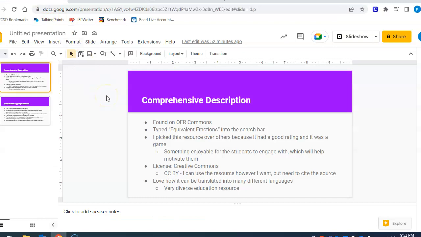And it is also a game, and students really enjoy playing games instead of engaging with articles or just learning through hearing like a lecture. So games are something that students really enjoy to engage with through personal experience that I have had, which really helps motivate them to learn at their full potential.